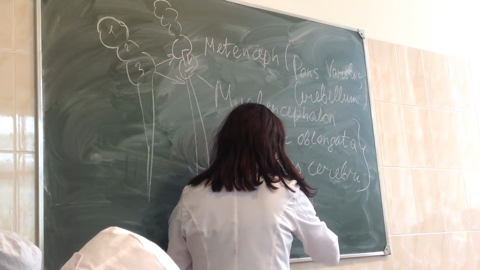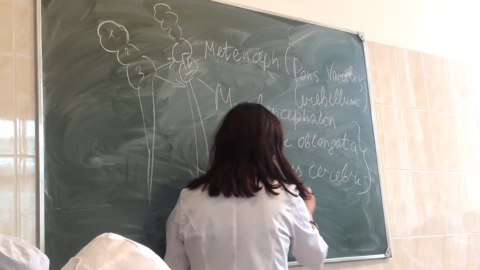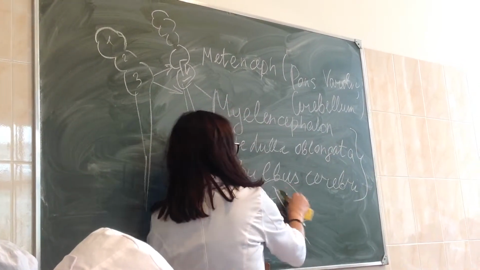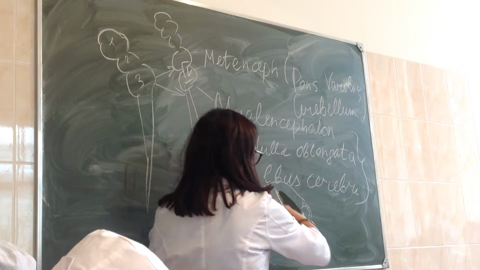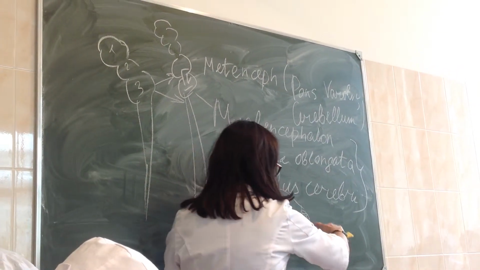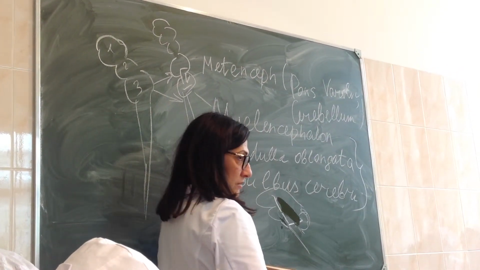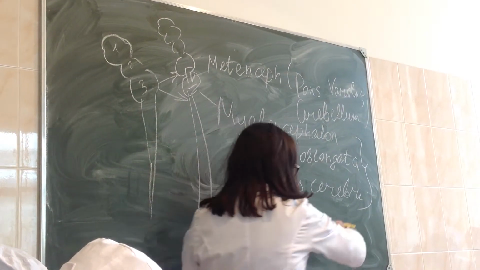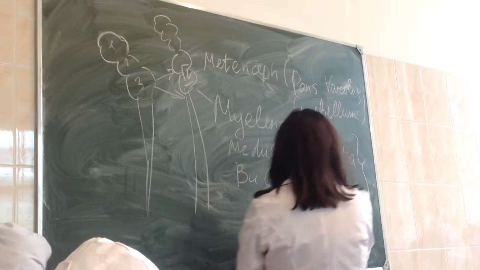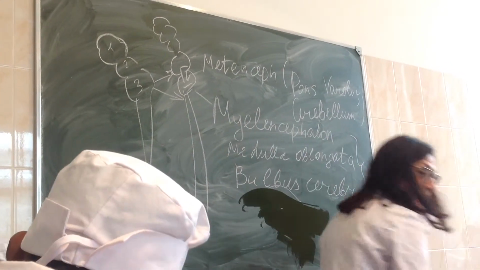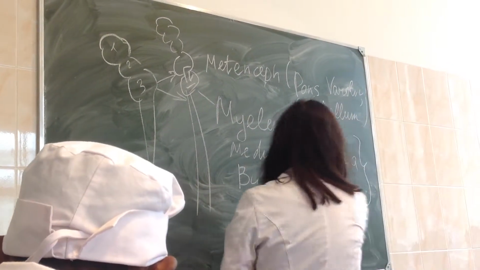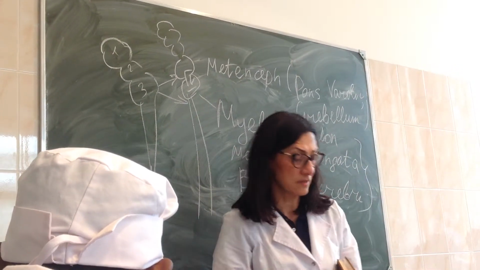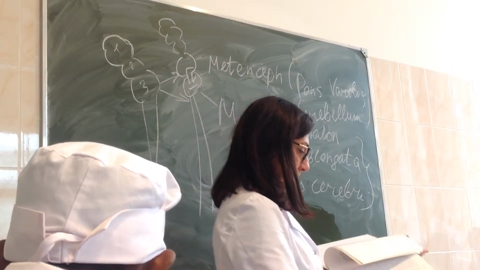We have corticopontine tract and then pontocerebellar. There is no direct connection. That is why pons is a bridge between cortex cerebri and cortex of cerebellum, because we have corticopontine and pontocerebellar connection.